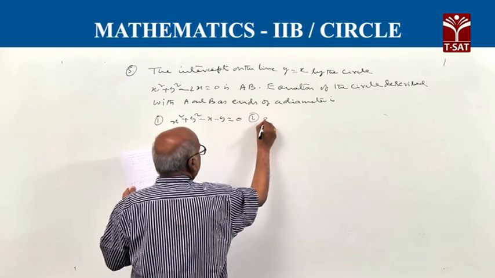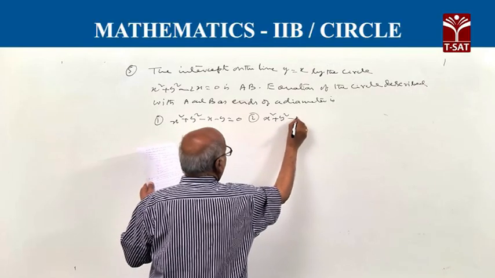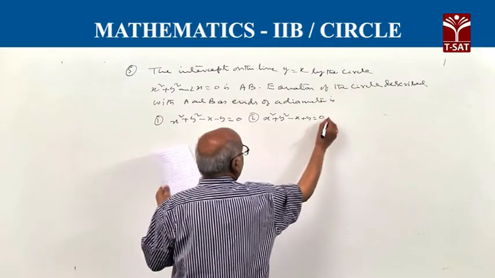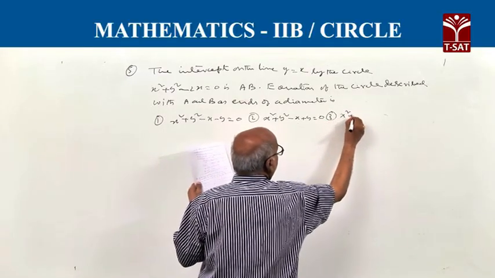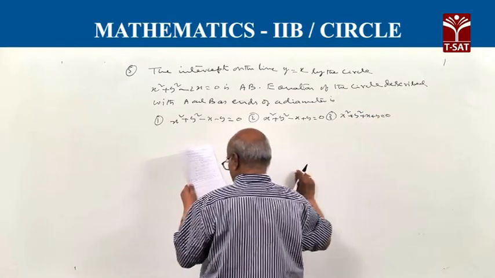Number 2, x square plus y square minus x plus y is equal to 0. Number 3, x square plus y square plus x plus y is equal to 0.